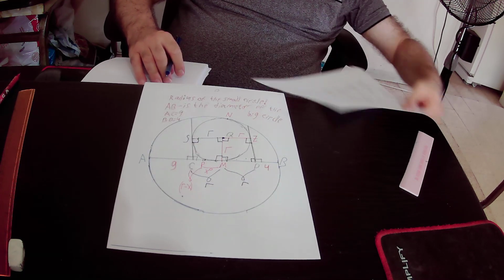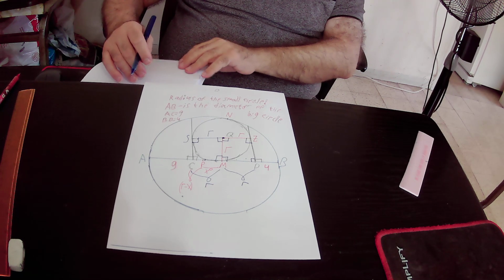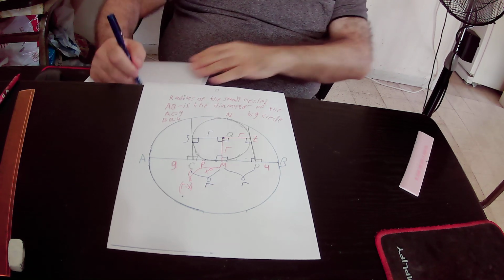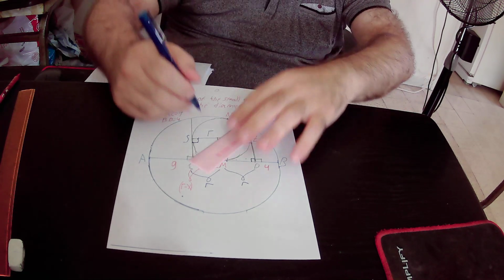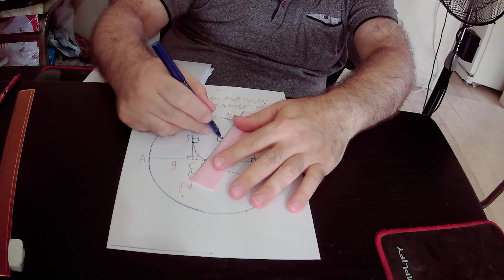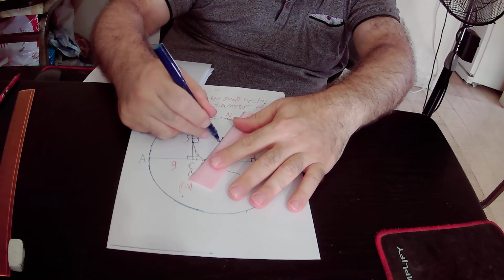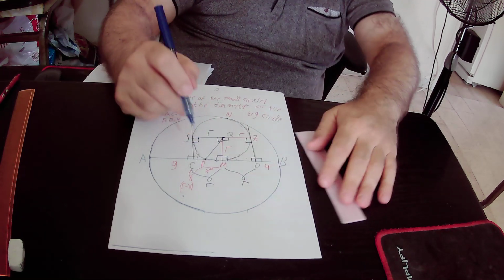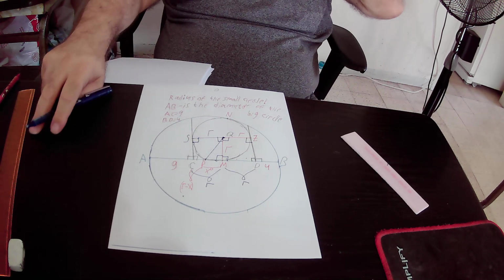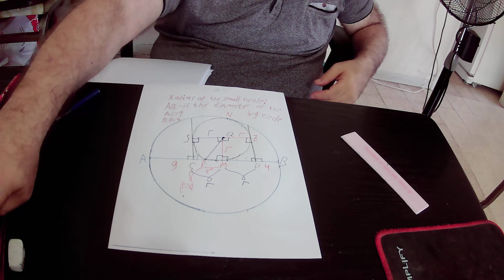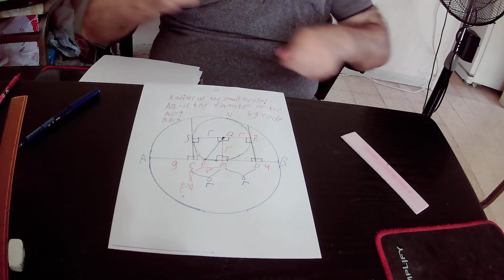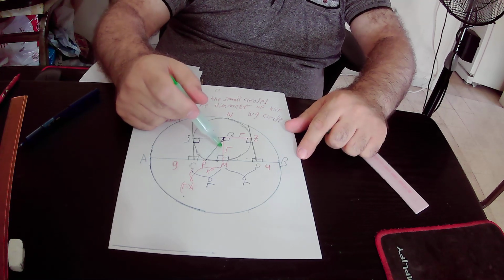In the next step, we will connect together by a straight line points P and Q. We connected points P and Q by a straight line, and actually we created here a triangle QPM.